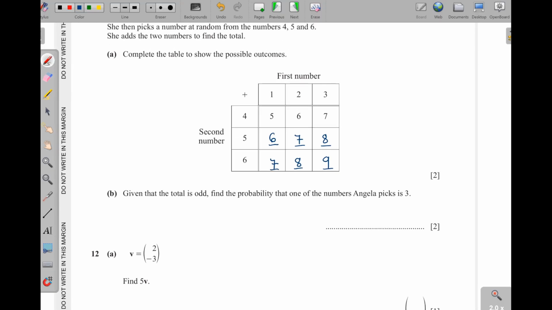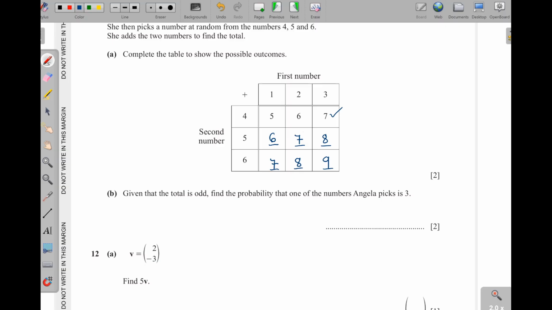Now they are saying part B, given that the total is odd, find the probability that one of the numbers Angela picks is a 3. The total is odd. Now, if the total is odd, the numbers which are odd, what are we seeing?